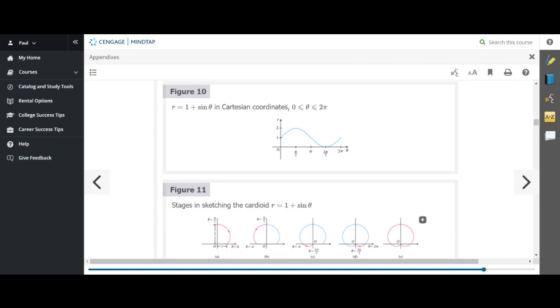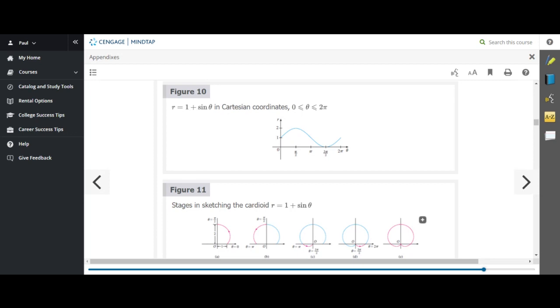You'll see a problem like that in your homework, and could even see it on the exam, where they just give you a picture of a trig graph like in figure 10, and then you have to find the correct polar curve to go with it. They would provide 3 or 4 polar curves, and you'd have to find the right one.